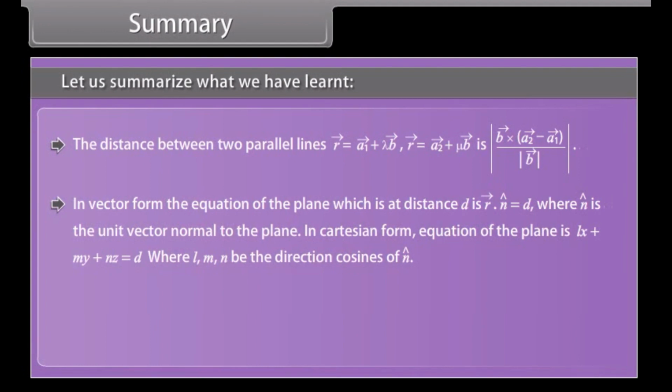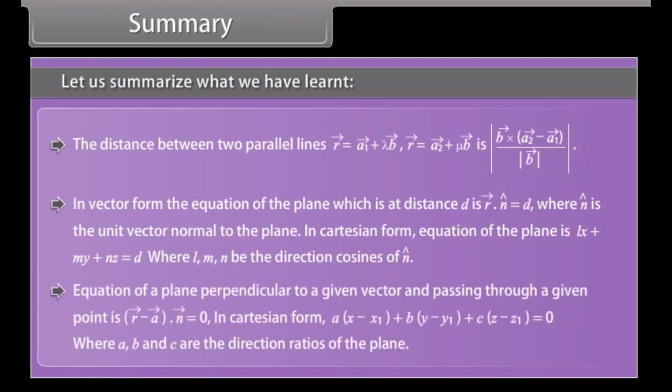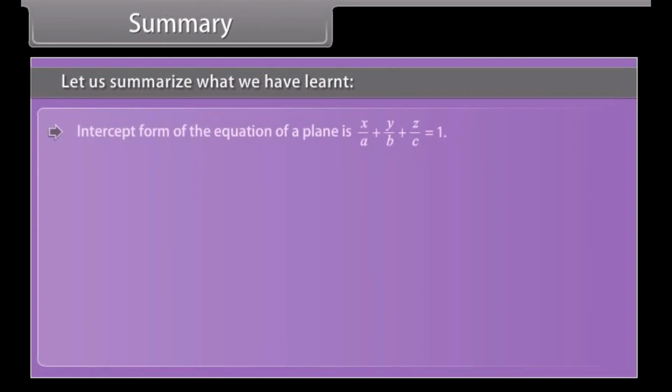In Cartesian form, equation of the plane is where l, m, n are the direction cosines of cap n. Equation of a plane perpendicular to a given vector and passing through a given point is, in Cartesian form, where a, b, and c are the direction ratios of the plane. Intercept form of the equation of a plane is.